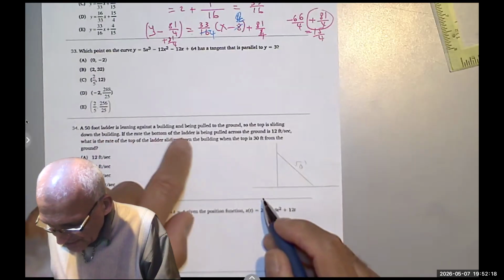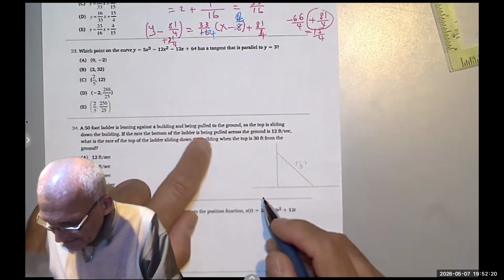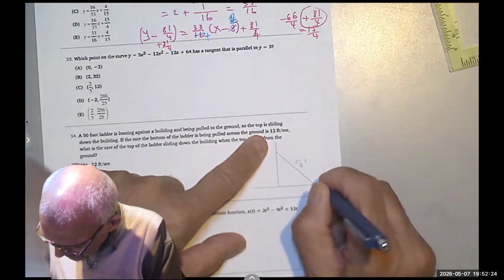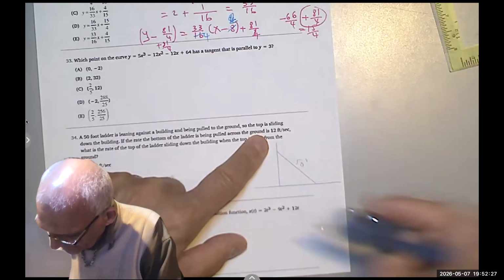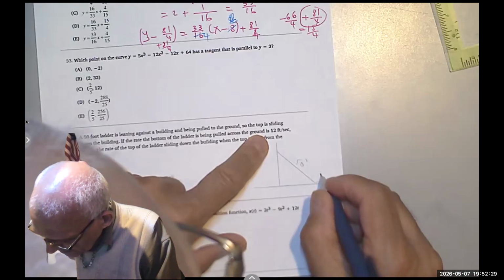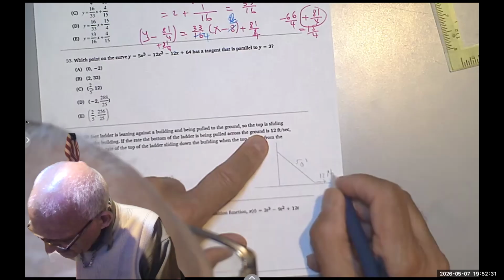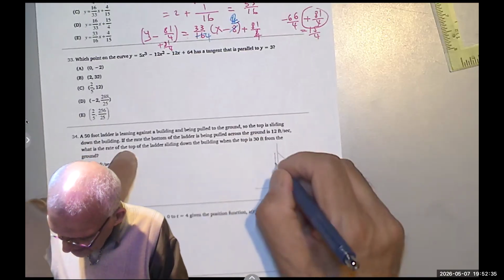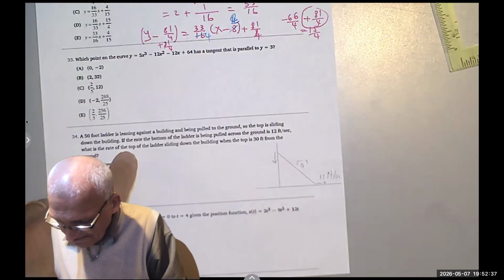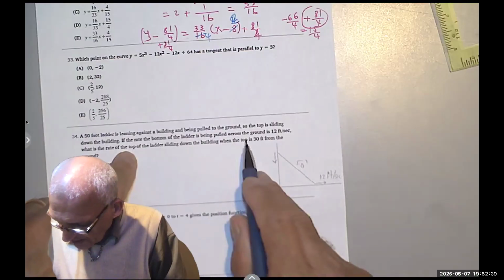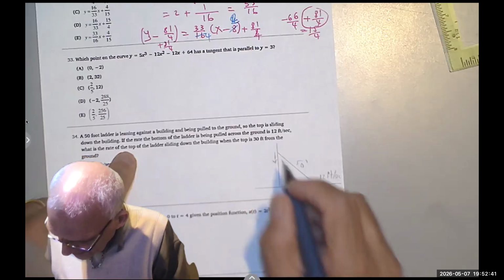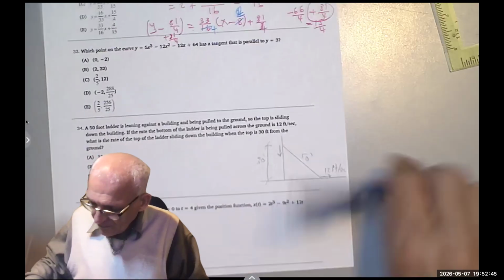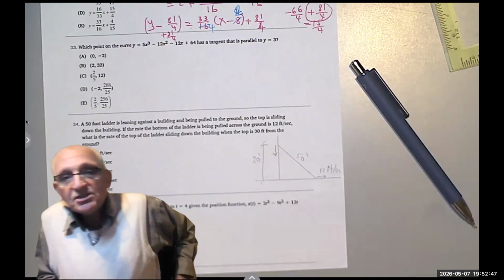If the rate at which the bottom of the ladder is being pulled across the ground is 12 feet per second, what is the rate the top is going down when the top is 30 feet from the ground? So when this is 30, we want the rate at which it's going down.